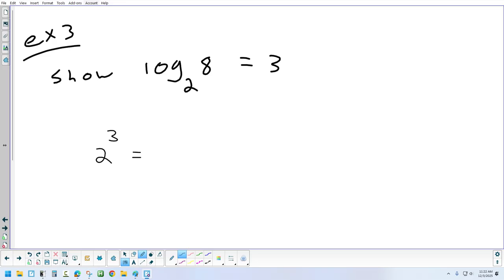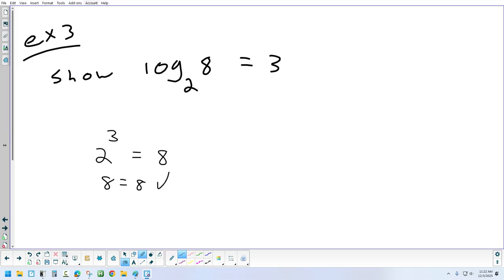Argument. And where's the argument in this? 8. It's right there. What's 2 to the third power? 8. So yeah, 8 equals 8. If we ended up with something like 8 equals 7, then that means the original statement was wrong. But because we got a true statement, we know it was correct.